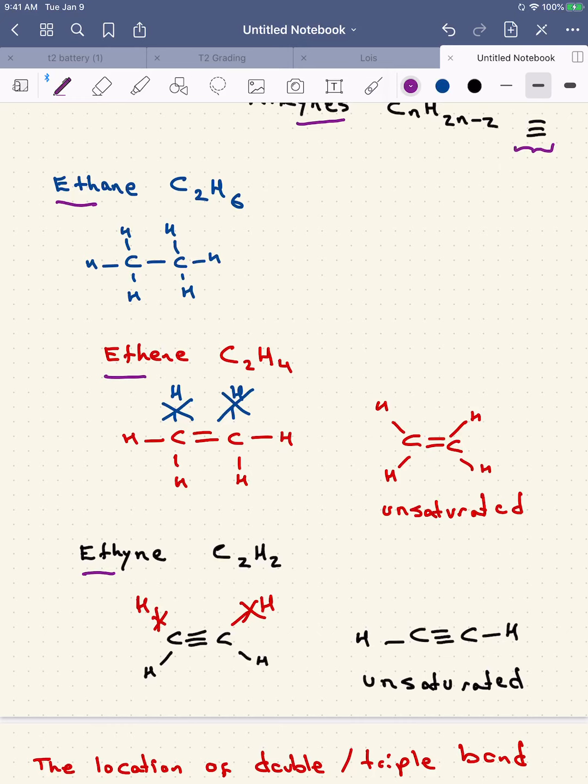If you draw this structure, carbon always has 4 bonds. So the first carbon has 3 hydrogens, the second one also has 3 hydrogens. It's CH3 bonded to CH3. So this we looked at extensively. It's saturated and they are all single bonded. Saturated means single bonded.